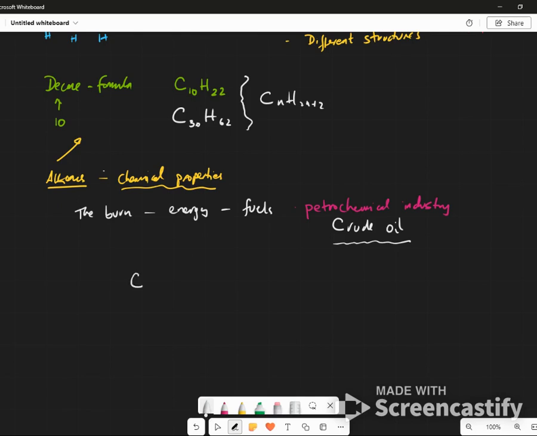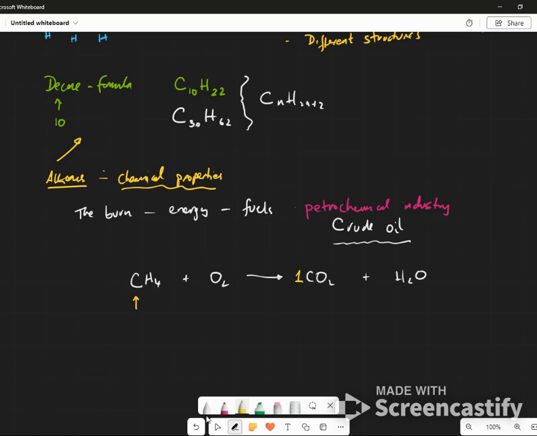So let's pick one at random. Let's pick methane. CH4 plus O2 gives CO2 plus H2O. So when they burn, they give carbon dioxide and water. Now I'm going to balance this. There's one carbon there, so there must be one carbon there.